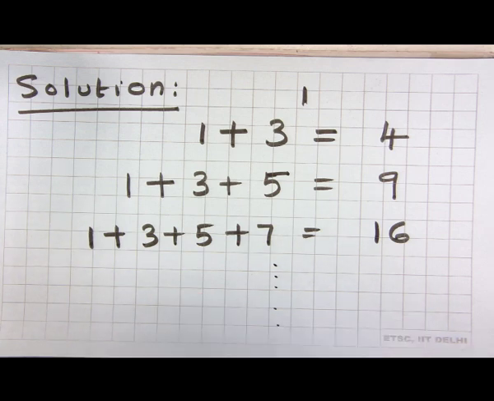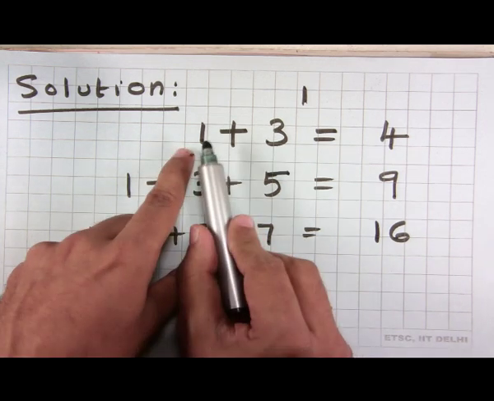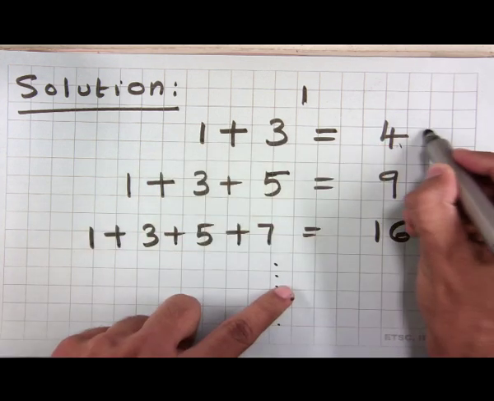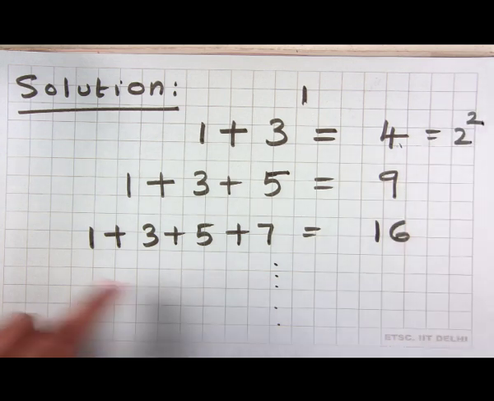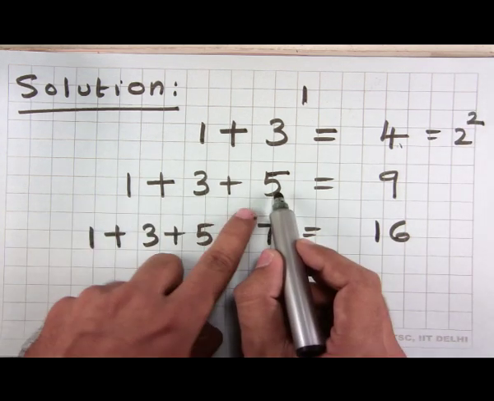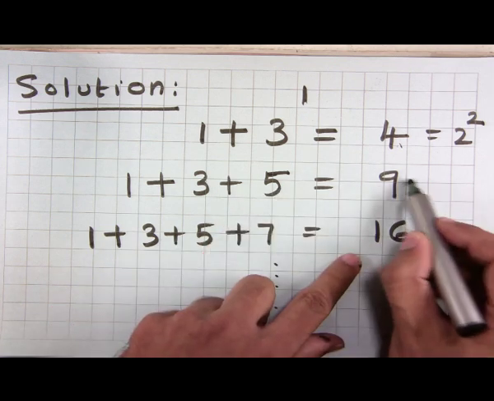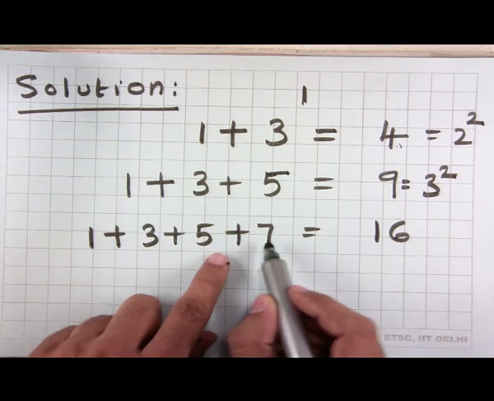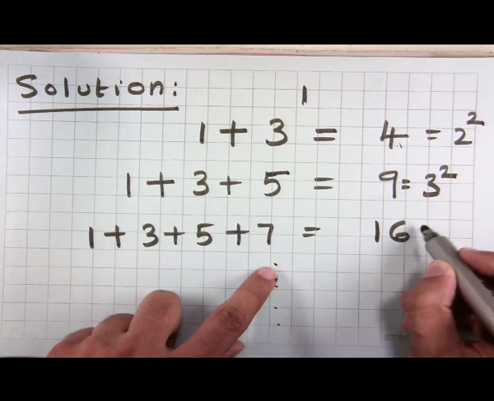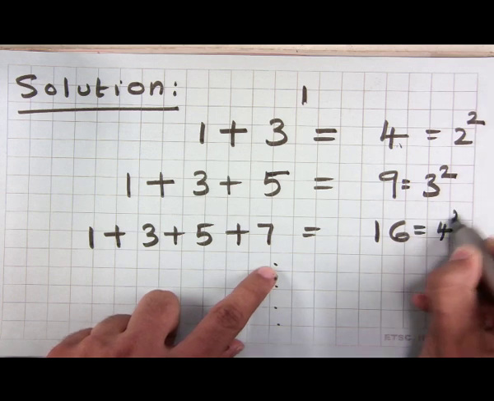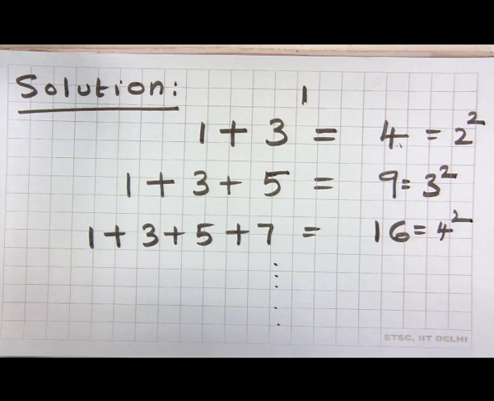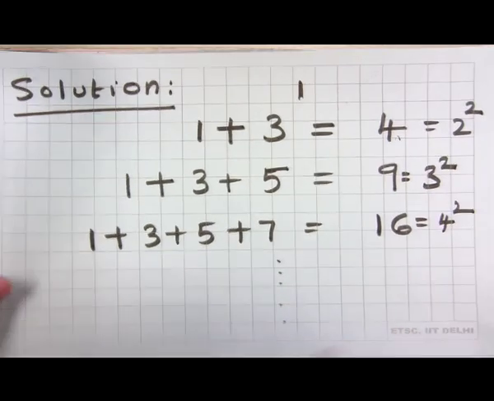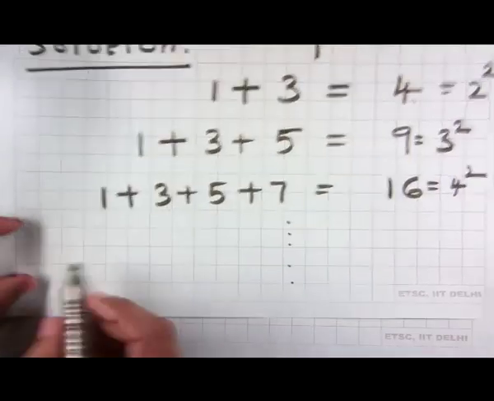Do you see a pattern? Sum of first two odd numbers is 4, which is 2 square. Sum of first three odd positive integers is 9, which is 3 square. Sum of first 4 odd positive integers is 16, which is 4 square and so on. So, let us dream that this pattern will continue and let us make a conjecture.